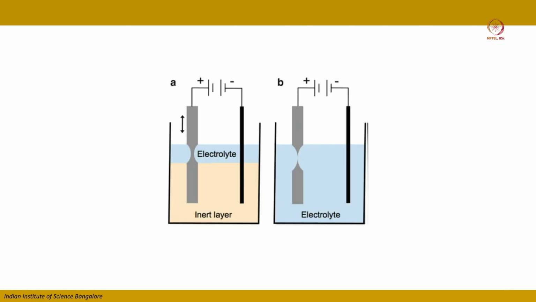Now, this is called the double layer method. In this method, usually the first step is rough polishing and the second step is fine polishing.